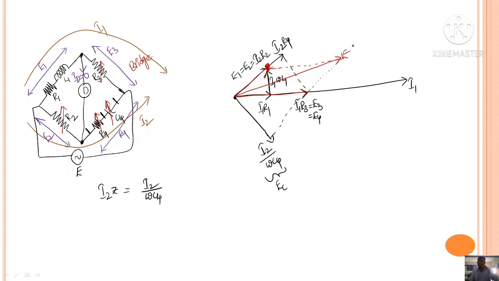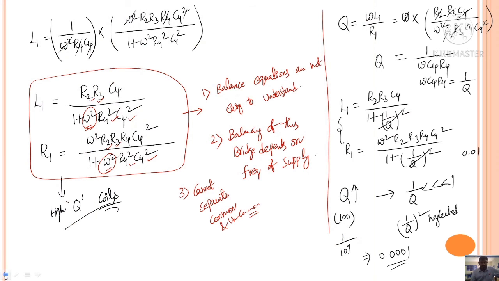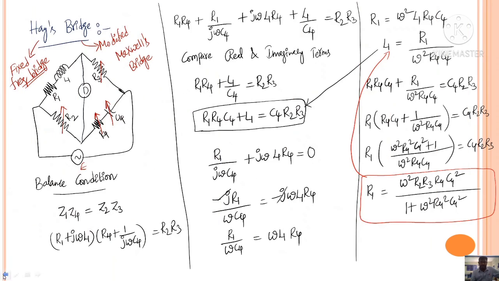In this way you can draw the phasor diagram even for the Hayes bridge. So this is about the Hayes bridge: how to find the balance condition for the Hayes bridge, how to draw the phasor diagram, what the major drawbacks are, and where we can use the Hayes bridge.